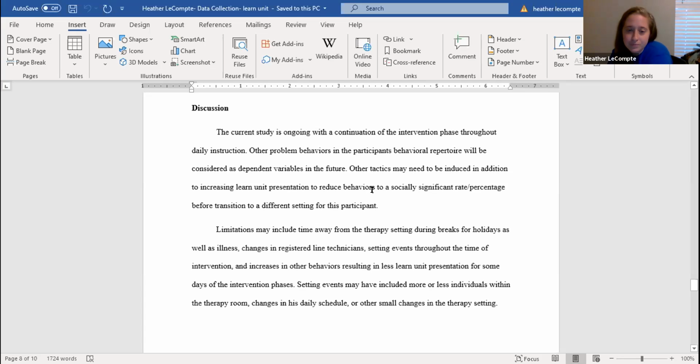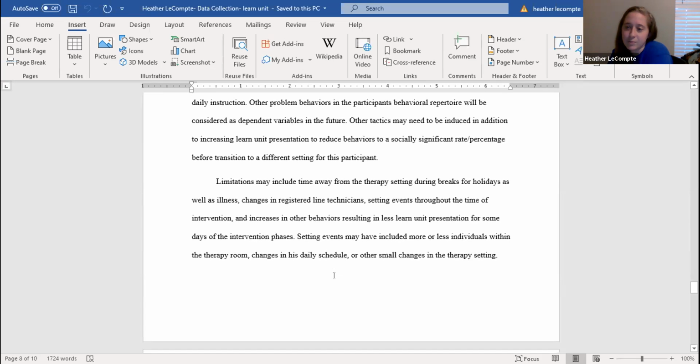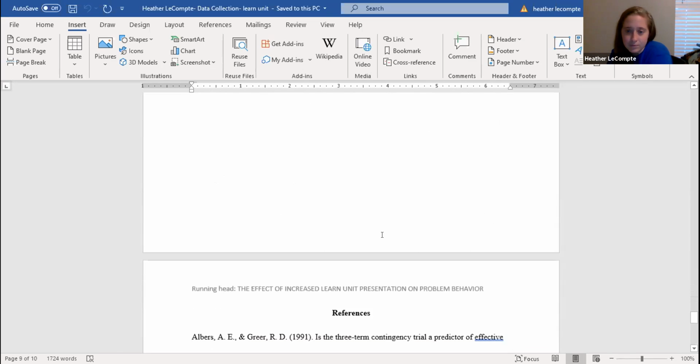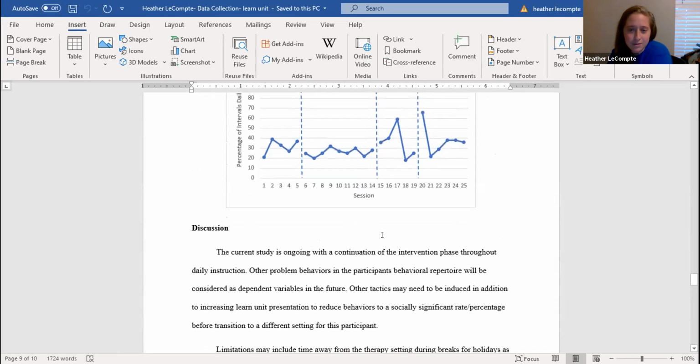And then setting events for him could include more or fewer individuals within the therapy room, changes in his daily schedule, and other small changes in the therapy setting, which we're currently working on, the rigidity of his schedules and stuff. Okay. I think that's it though.